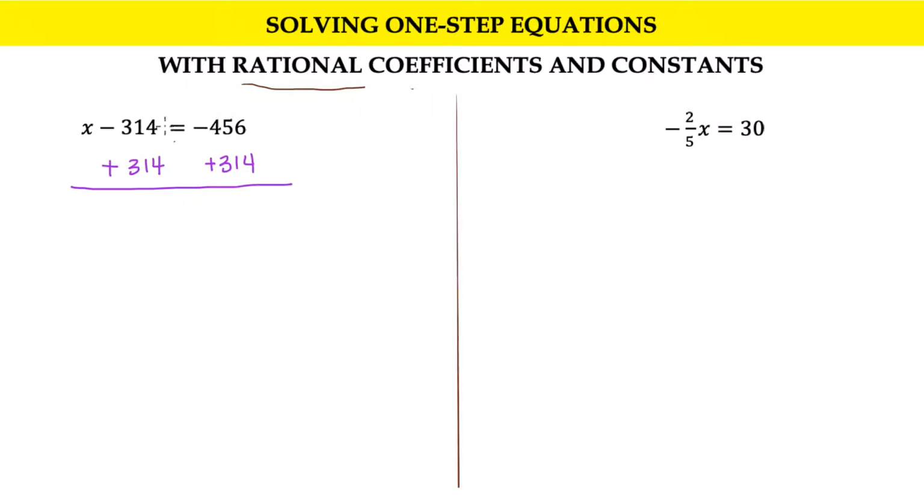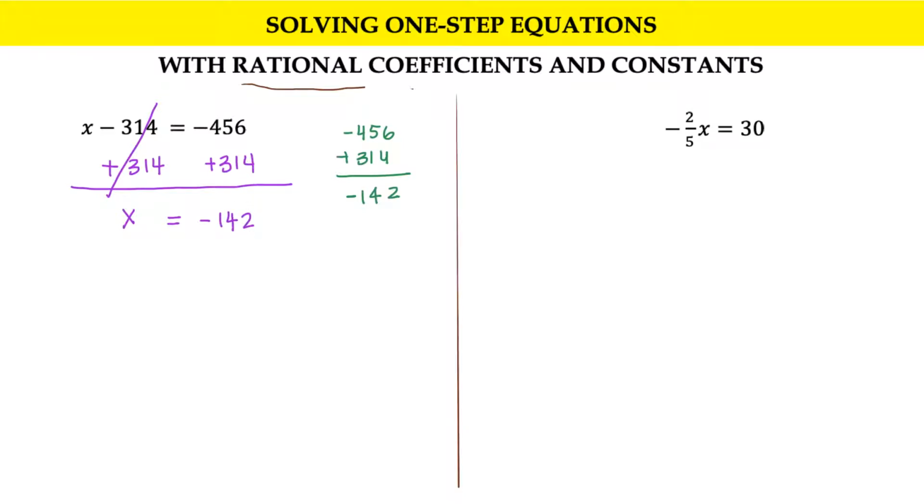So this will get cancelled out and you will be left with an x, and negative 456 plus 314. You will essentially be subtracting the absolute values, so you'll get negative 142. So x equals negative 142.